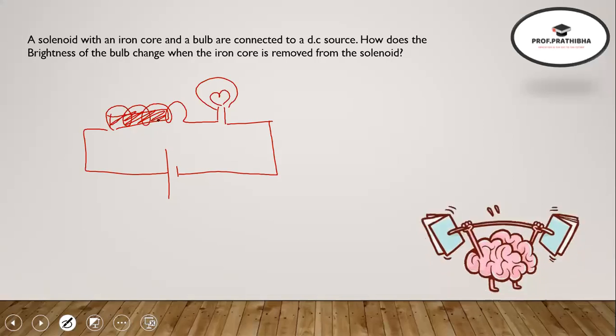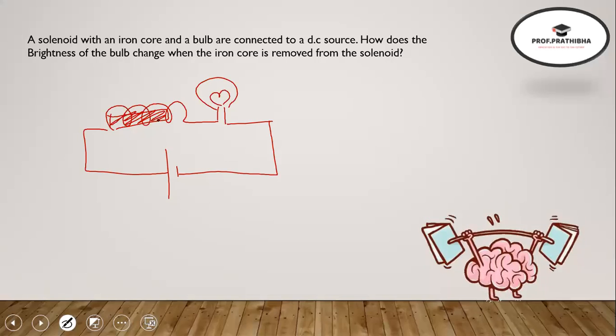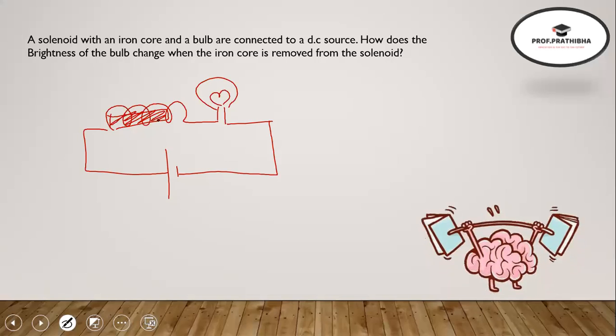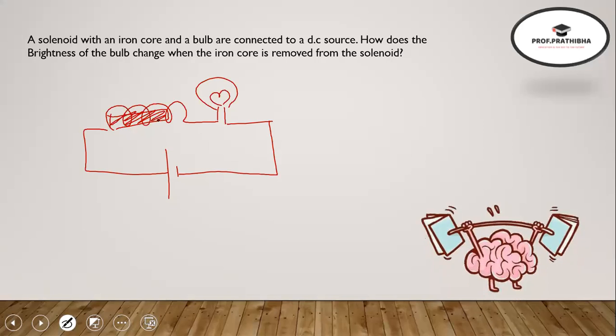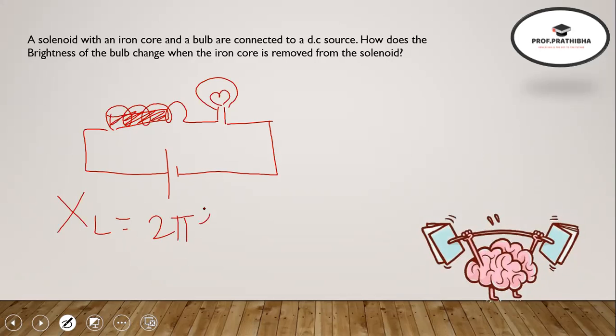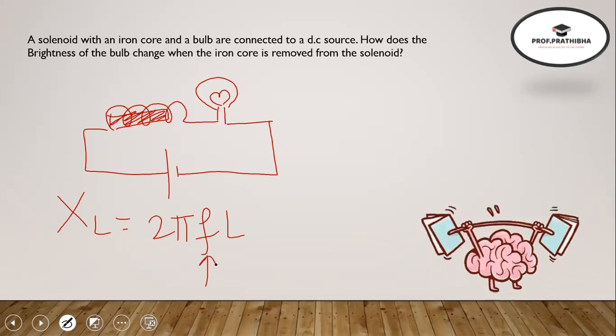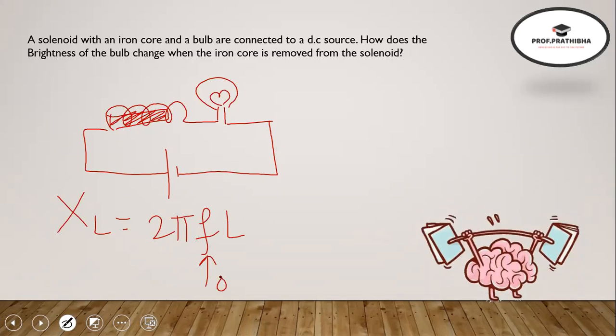Will the bulb show any brightness decrease? Because the battery is DC, the brightness of this bulb will remain unchanged because here the reactance is zero. XL is 2 pi FL, and in DC the frequency is zero, so we don't talk about it here. No change will be seen here.